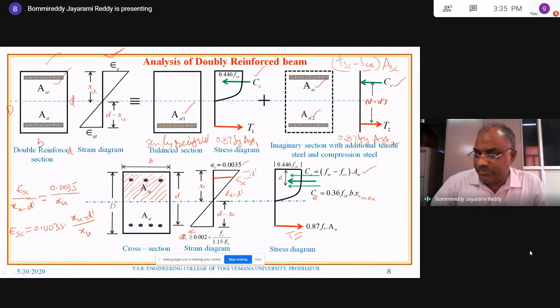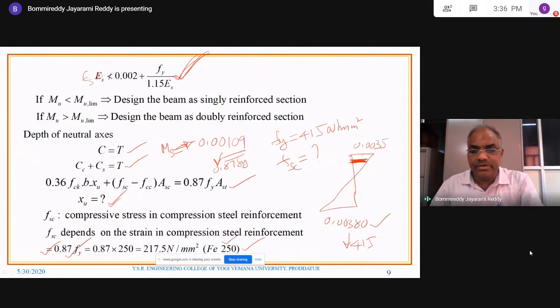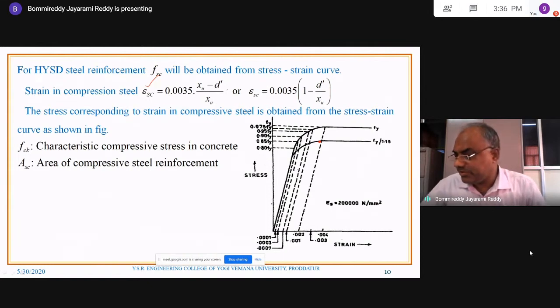Sometimes this may be a question for 2 marks. What is the compressive strain in compression steel reinforcement, by giving all other parameters? Every formula is developed based on this only. Just now you have seen 0.0035 (XU minus D dash) by XU, and this can also be written as 0.0035 into (1 minus D dash by XU).